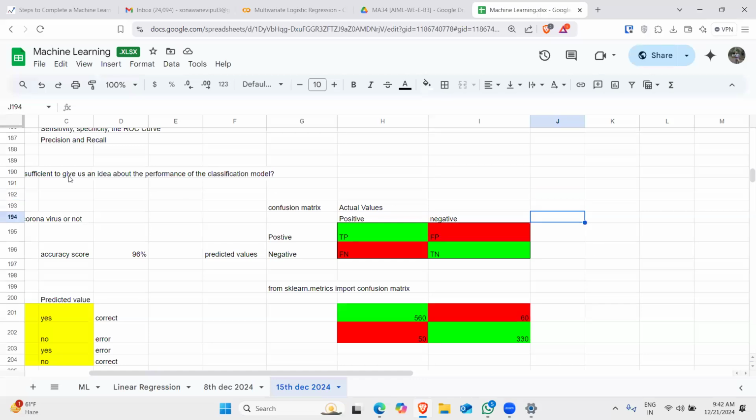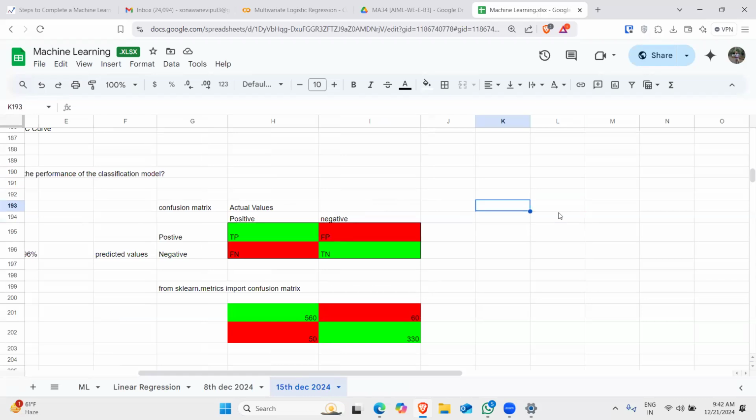Let us take this scenario wherein we are interested to predict whether patient is sick or not, or patient has the disease or not. True positive: actual is positive, predicted is positive. So true positive is sick people correctly predicted as sick by the model.